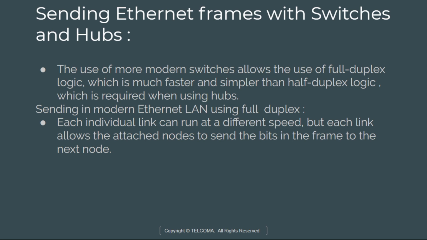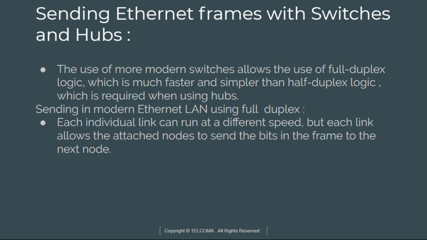Switch 1 receives and forwards the Ethernet frame to switch 2. Switch 2 receives and forwards the frame out to PC2. PC2 receives the frame, recognizes the destination MAC address and processes the frame.